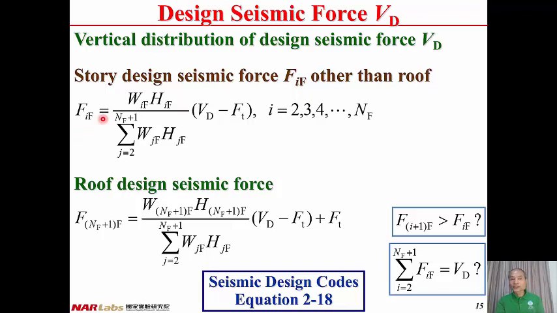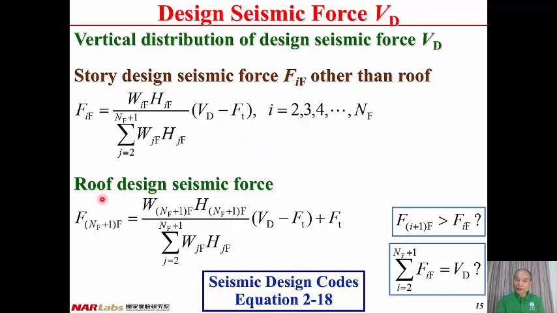Therefore, FiF equals WiF times HiF divided by the summation over j from 2 to NF plus 1 of WjF HjF, and then times VD minus Ft. And Ft is subtracted from the design seismic force VD. And i equals 2, 3 up to NF.